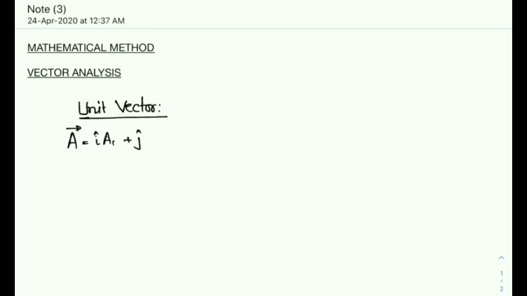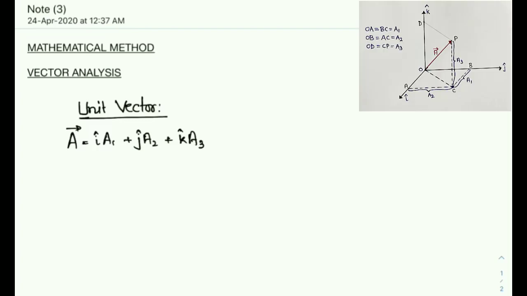In a rectangular coordinate system, we can write a vector A as i a1 plus j a2 plus k a3. The magnitude of the vector is mod of vector A equals the square root of a1 square plus a2 square plus a3 square.